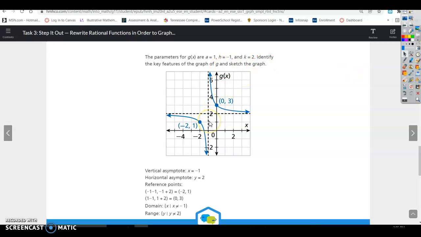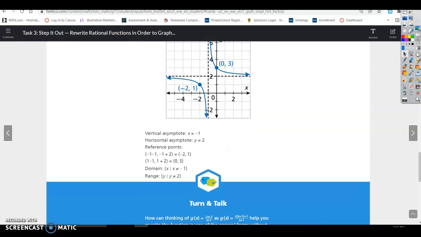The first thing you can do is determine the asymptotes, because those come from your parameters. Since h is -1, we have a vertical asymptote at -1. k is 2, so we have a horizontal asymptote at 2. Then you can use your reference points to sketch the curve from there.